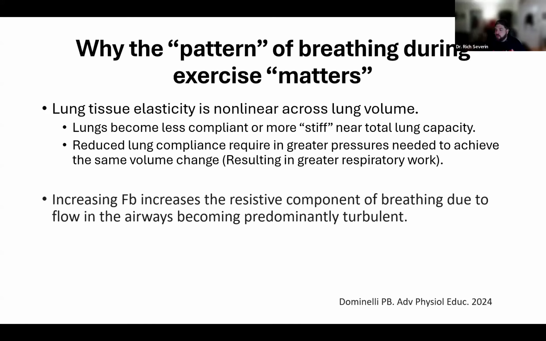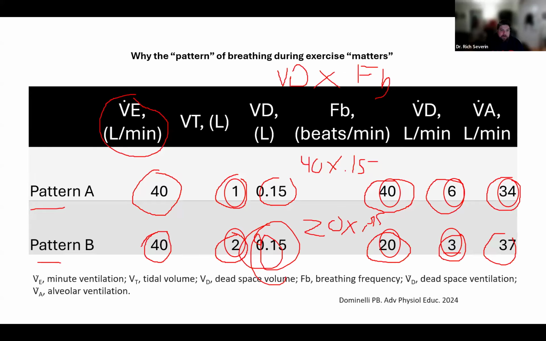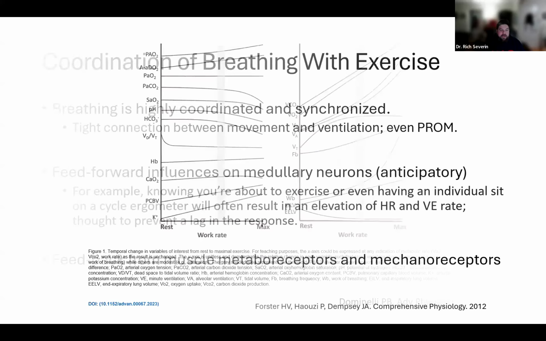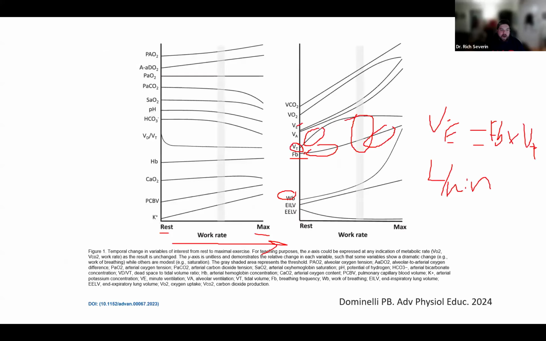And the other reason for this coordinated pattern of breathing more efficiently, by taking those bigger breaths as we exercise, is that the more frequently we breathe, the more muscle contractions we have, which also increases the work of breathing. So you might remember, I'll go through that part quickly. The work of breathing stays relatively gradual.